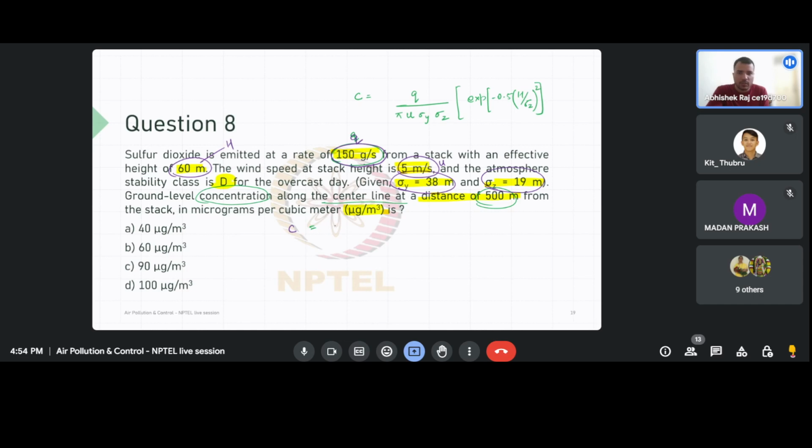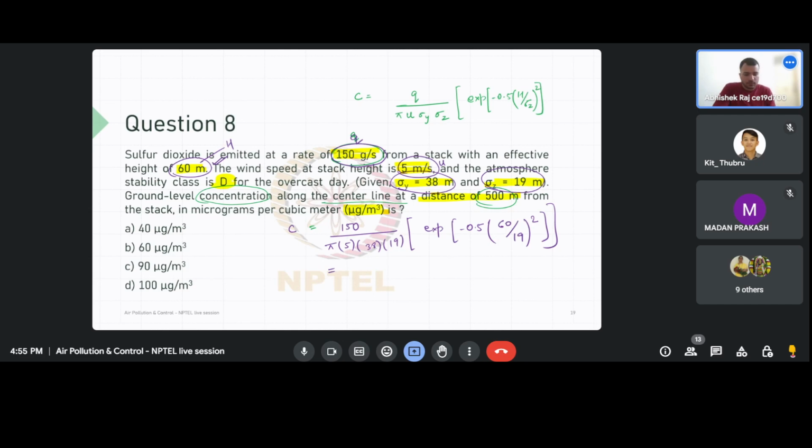So concentration will be Q 150, pi, U is wind speed 5, sigma y 38, sigma z 19, exponential minus 0.5 into h. H is given as 60 meters here, stack height. So 60 divided by sigma z, which is 19, whole square. Let's find this value. I need the calculator for this.